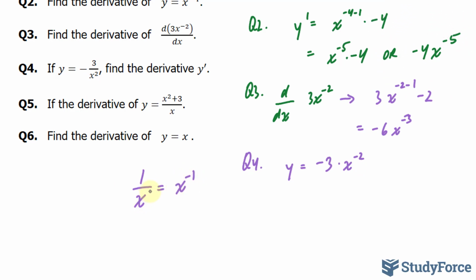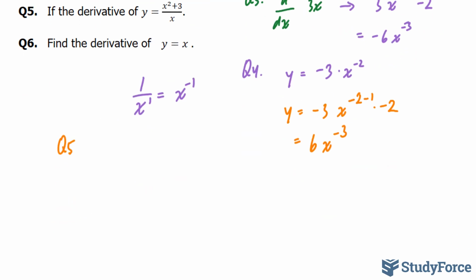So the exponent here was 1. If you write down negative 1, it's the same thing as that. To find the derivative, we will take this and subtract it by negative 1, and then multiply the whole thing by negative 2. This gives us positive 6x to the power of negative 3. Let's move on to question 5.